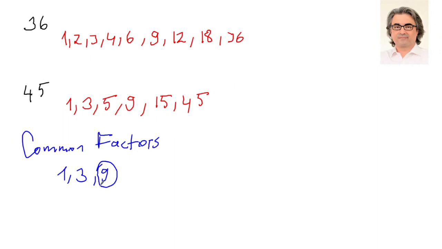So, to find the common factors of two numbers, if I may find their greatest common factor, then I may find all common factors of these two given numbers.